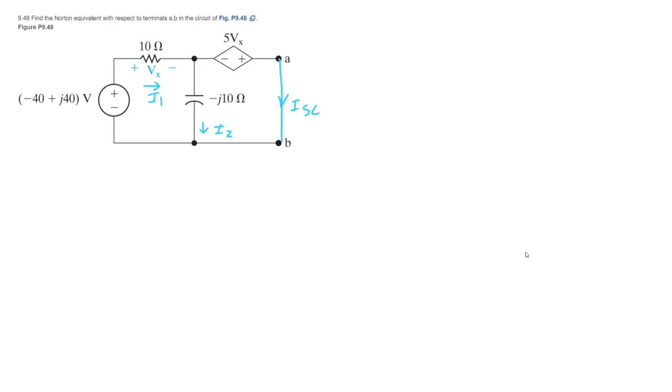Alright, so, okay, I'm going to label this voltage V2. Because we already know what it is, I'll just call this V1. And then this is going to be minus 40 plus j40 volts, because I'm going to call this ground.